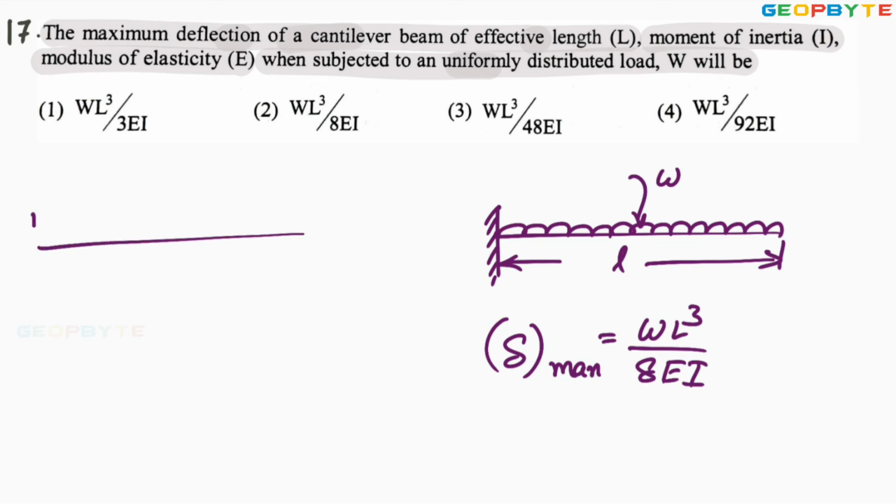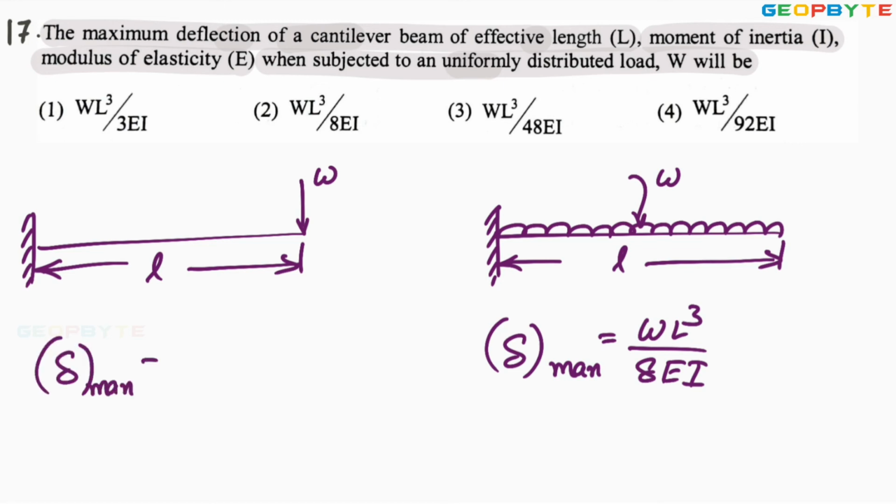Whereas the same kind of beam, if it is subjected to point load at the free end, the maximum deflection is occurring at the free end, then delta maximum for this case equal to WL cube by 3EI. Remember these formulas. When cantilever beam is subjected to point load at its free end, the maximum deflection is occurring at the free end with a magnitude WL cube by 3EI.